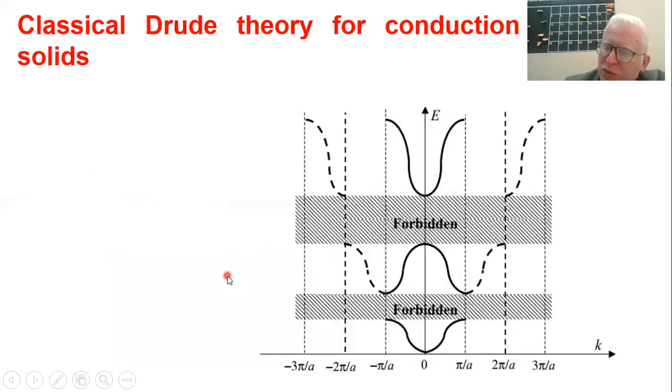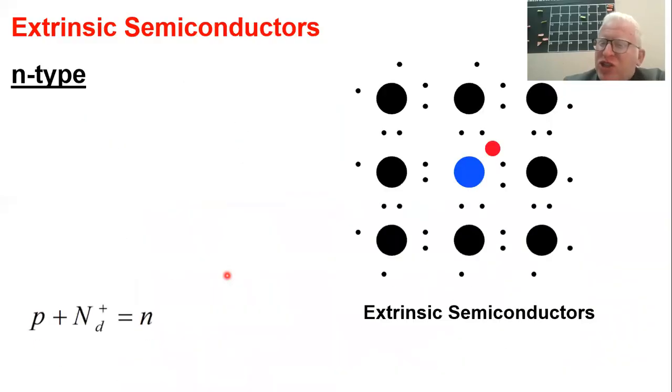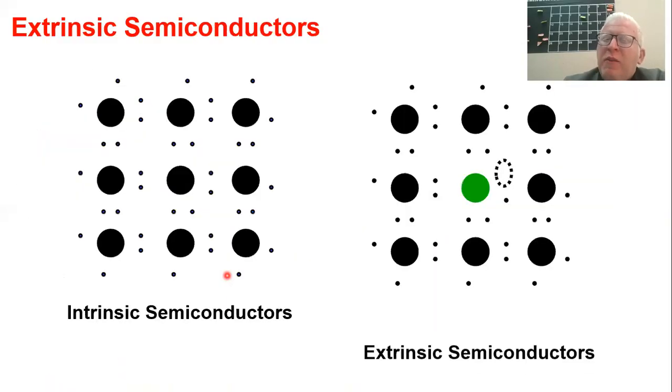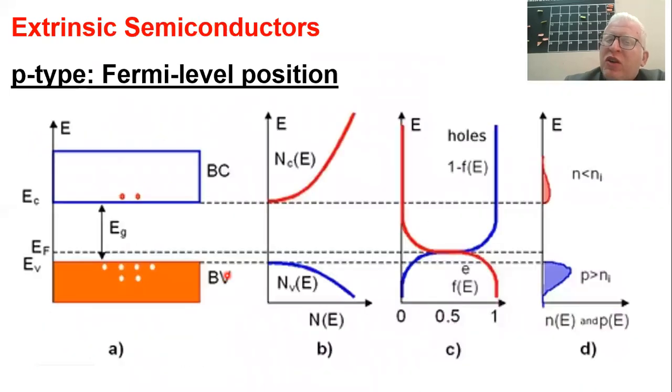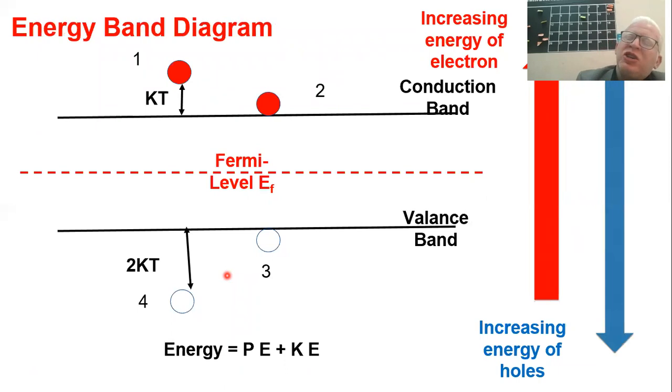That's typically true. However, we need to refresh your memory with a very important piece of knowledge regarding the direction of energy, which is that the direction of the energy of holes is counter to the direction of energy of electrons.